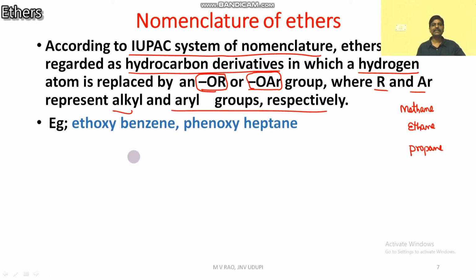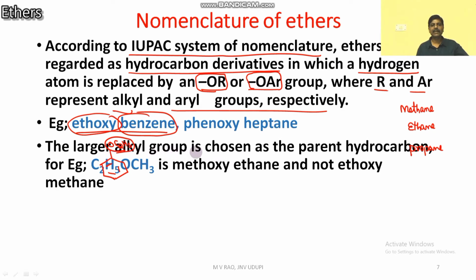Here you take example, ethoxybenzene. This is hydrocarbon, this is alkoxy group. This is OC2H5. So ethoxybenzene.